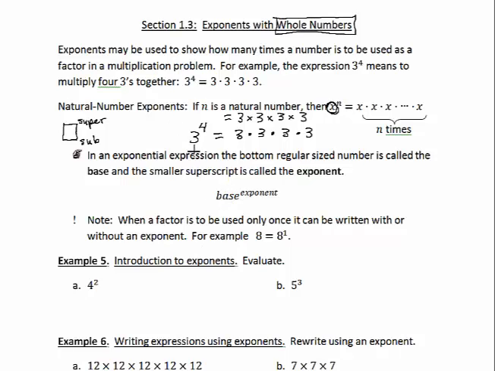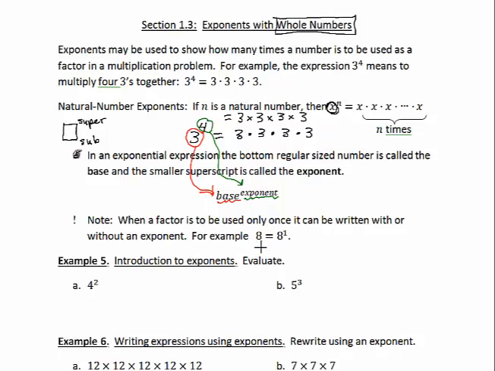3 is the base, and 4 is the exponent. Now we were given x to the n, and we were told that n is a natural number.